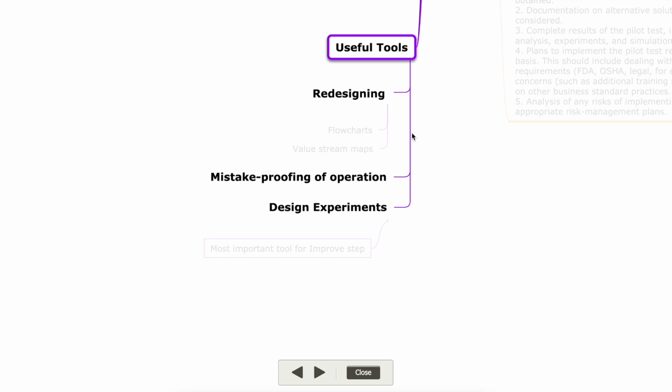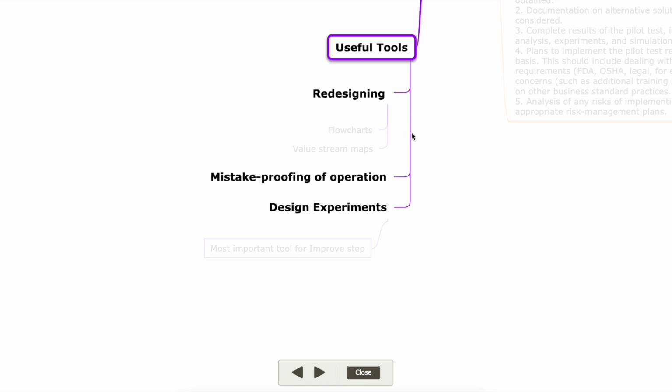And then mistake proofing of operation means that we will devise such a procedure for the operation that it can be done only through the devised process. It means it can be done in only one way, and that is the right way.